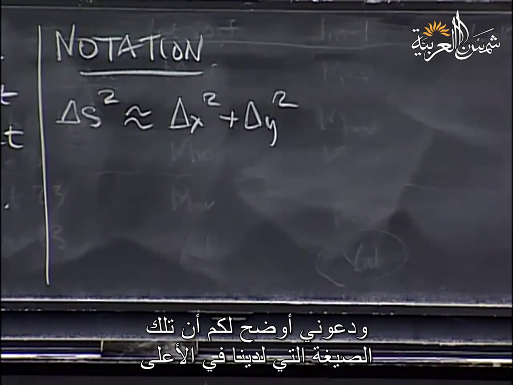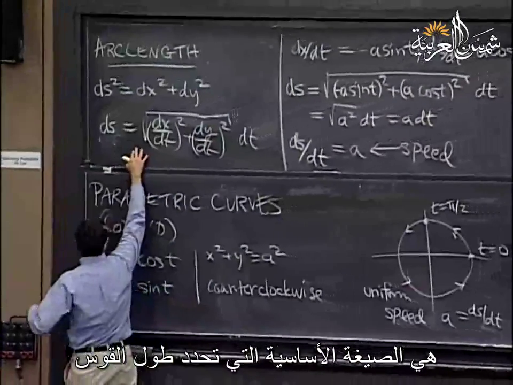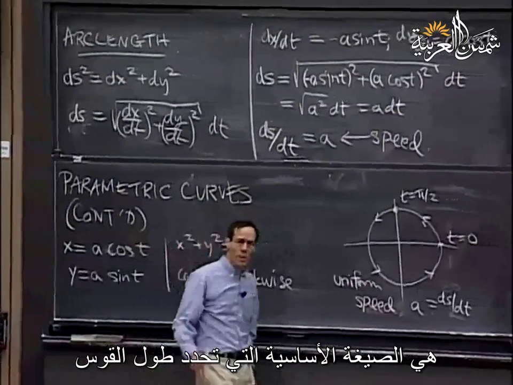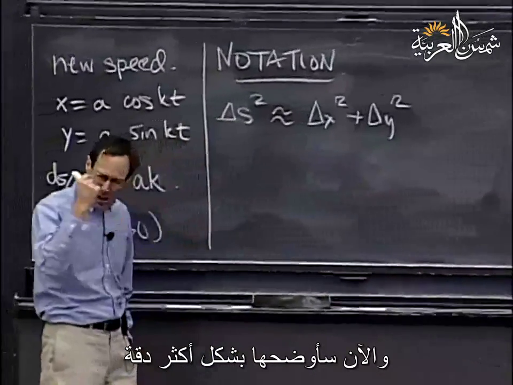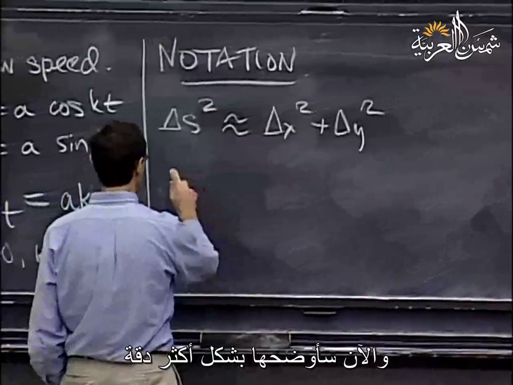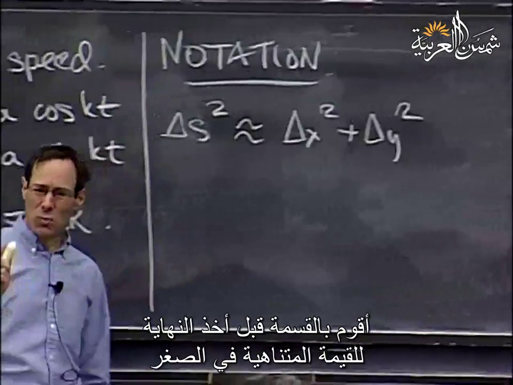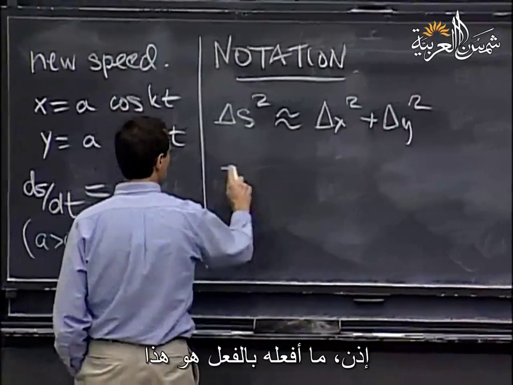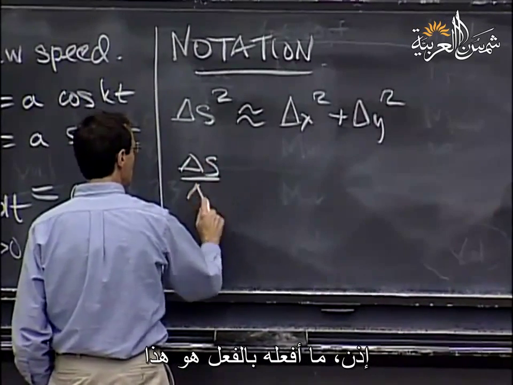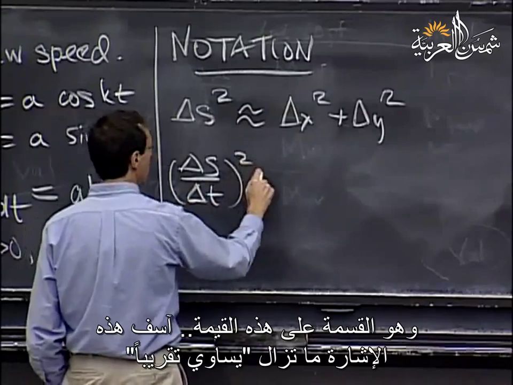And let me just show you that the formula that I have up here, this basic formula for arc length in the parametric form, follows just as the other one did. And now I'm going to do it slightly more rigorously. I do the division really in disguise before I take the limit of the infinitesimal. So all I'm really doing is dividing through by this.